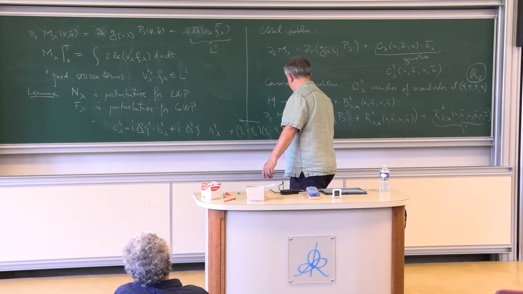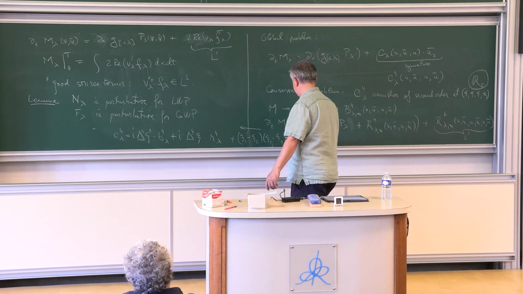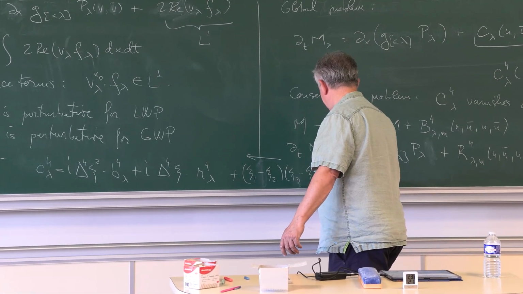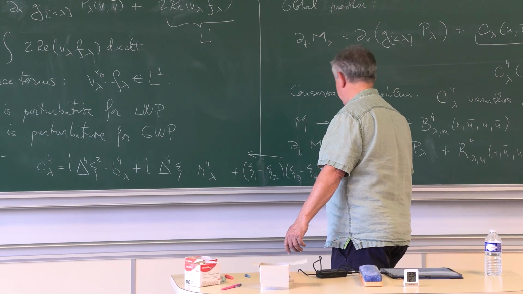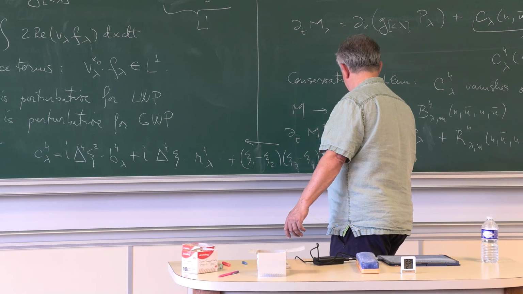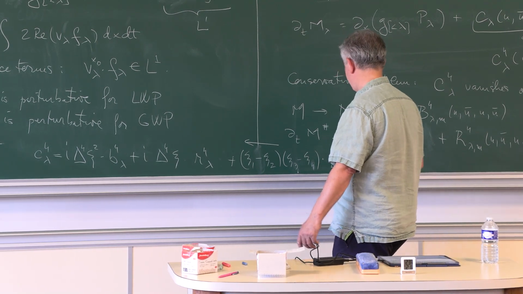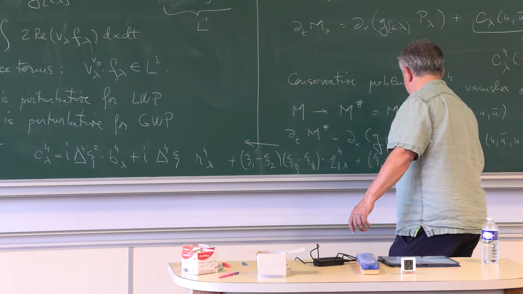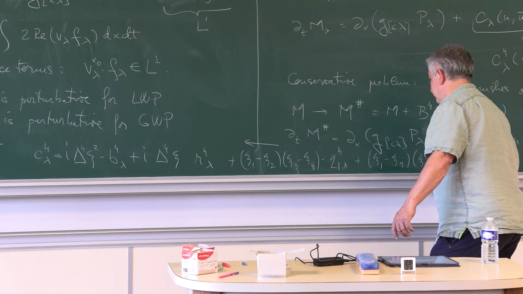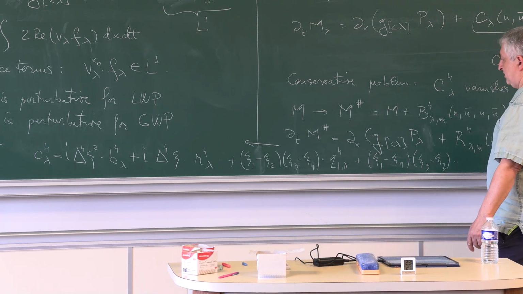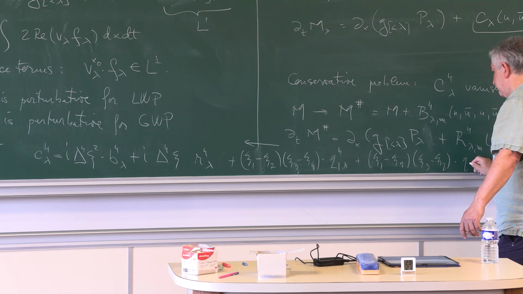Psi1 minus psi4, psi3 minus psi4 times, let's say, q1 lambda 4 plus psi1 minus psi4, psi3 minus psi2 times q2 lambda 4.